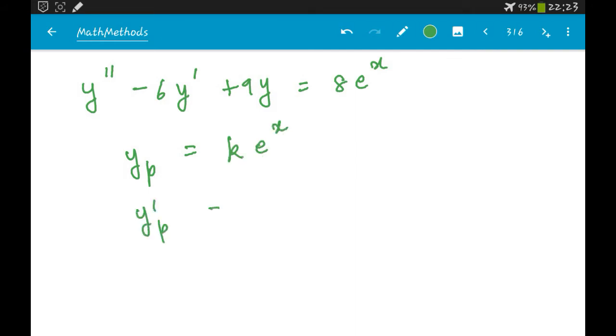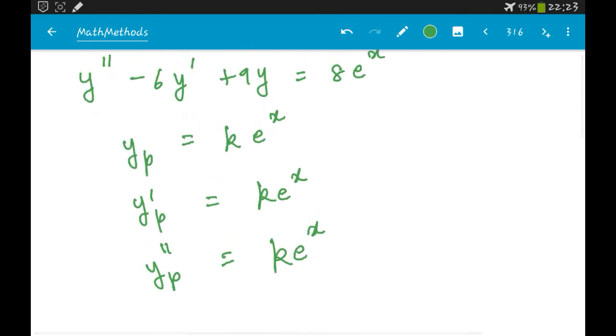So yp dash is going to be k e power x, and yp double dash is also going to be k e power x, because you are taking the differentiation of this term with respect to x, and then you are also taking the differentiation of this term with respect to x.